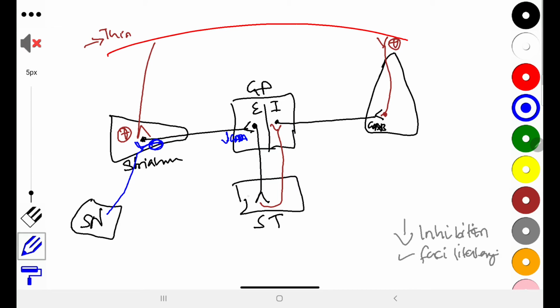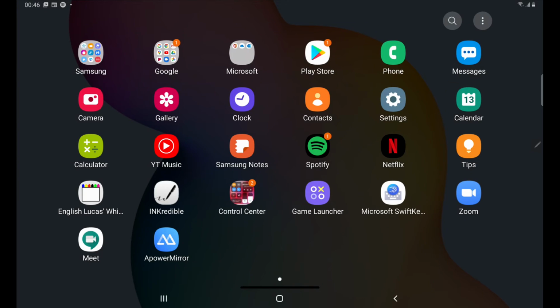So it means that there will be more GABA released here because you're not inhibiting it that much.